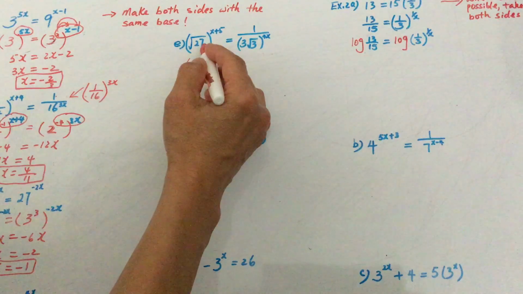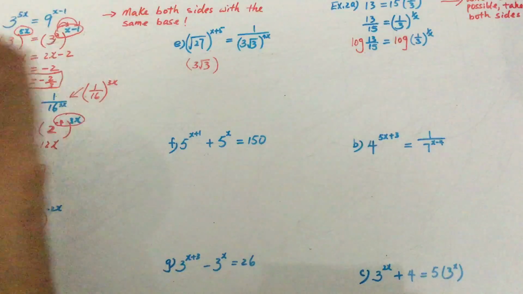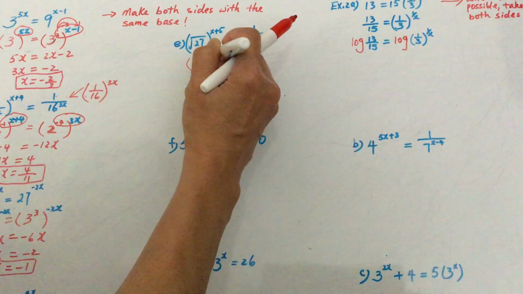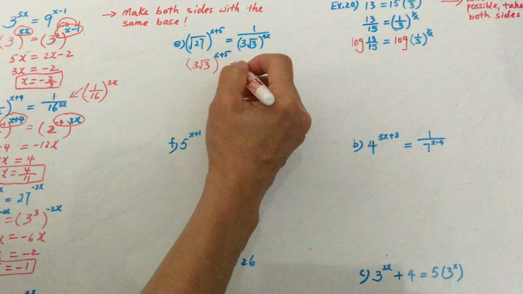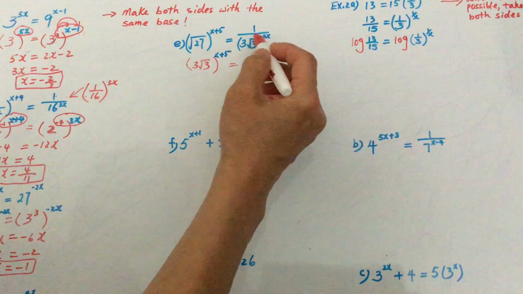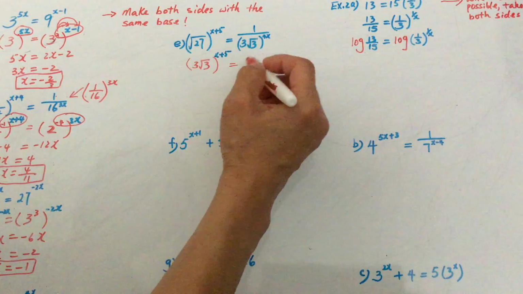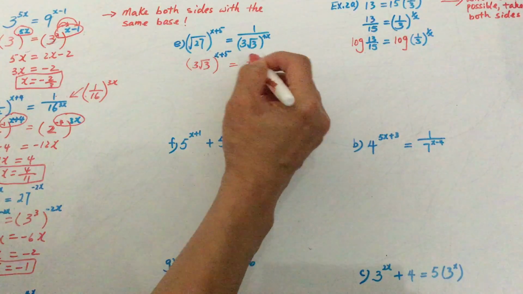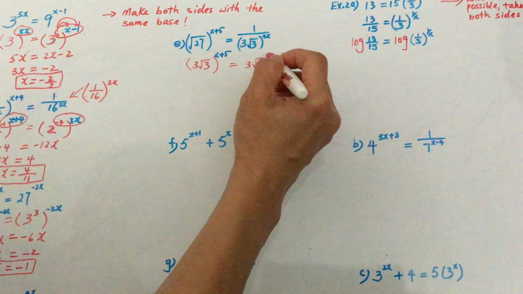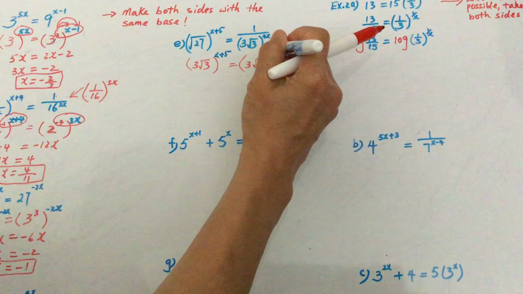So when you fully simplify this radical, you get 3 root 3 to the exponent of x plus 5. Okay, and over here, even though this is a fraction, 1 over 3 root 3, you can say that this is 3 root 3 to the negative 4x.